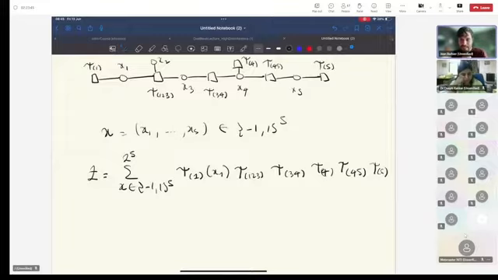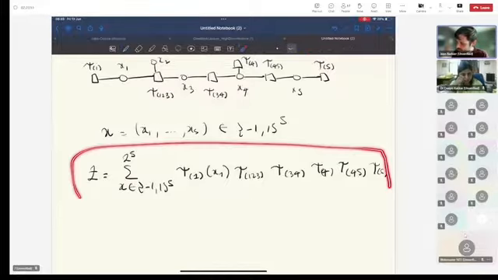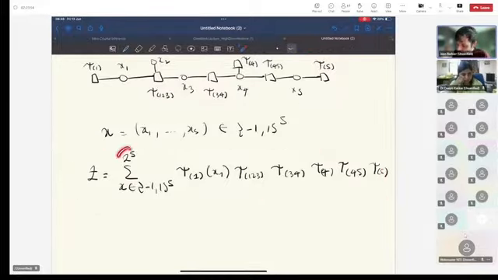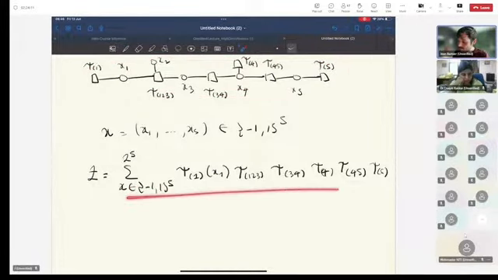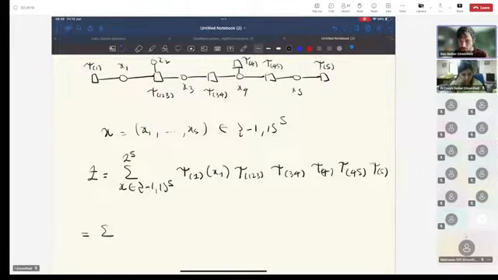And look, I can do something smarter than trying to compute this directly. This sum requires a number of operations which is 2 to the 5, which grows exponentially with the number of variables. The number of variables is at the exponent there. What I can simply do is exploit this tree structure, this way the variables depend on each other, to simplify this computation. How? By realizing that I can rewrite this sum like this. Sum over x1, which now just takes 2 values, minus 1, 1.